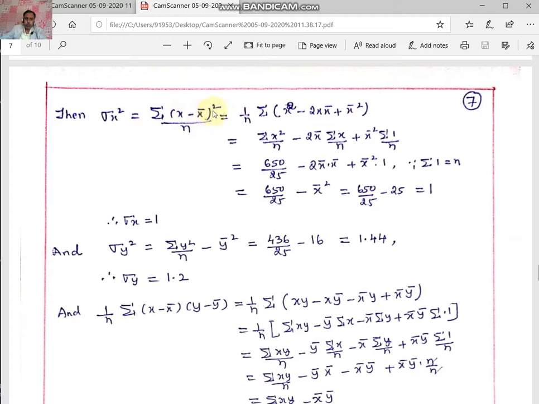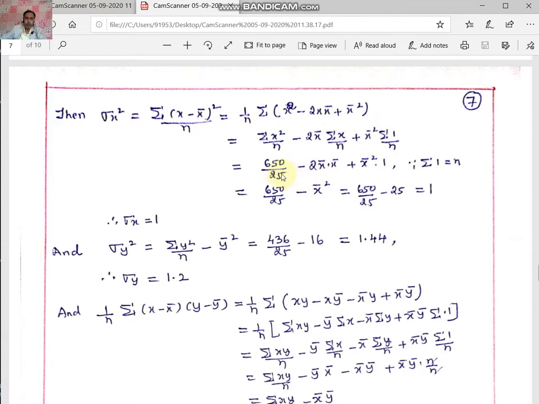Expand x minus x bar whole square: x square minus 2x x bar plus x bar square. Apply sigma to each term. That is sigma x square divided by n minus 2 into x bar into sigma x by n plus x bar square into sigma 1 by n. Sigma 1 is always n, so it is n by n.